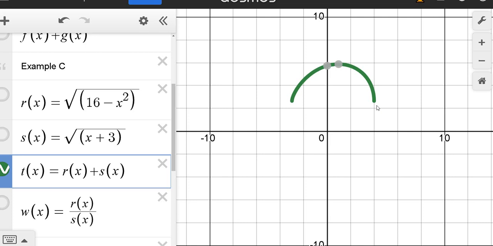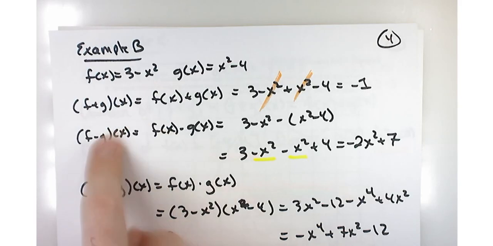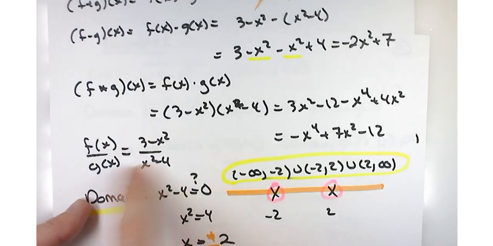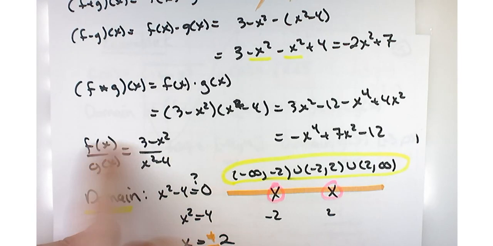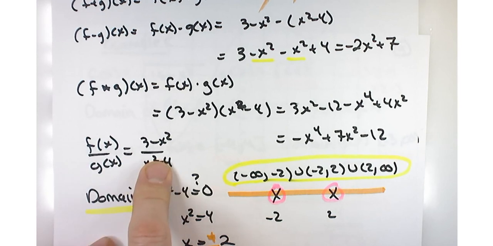In example B, we were adding, multiplying or subtracting, but we weren't trying to find their domain. So when you look back at these, this was just a mechanical operation. I didn't ask anything about the domain until we got to the fourth part of example B, where we had a function and I asked for the domain.